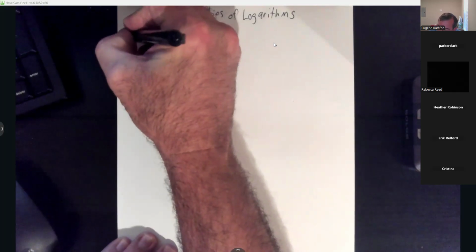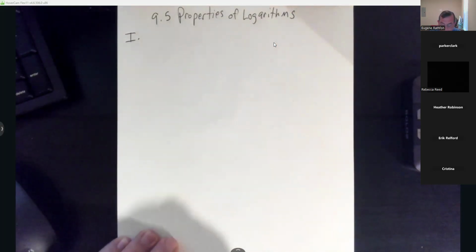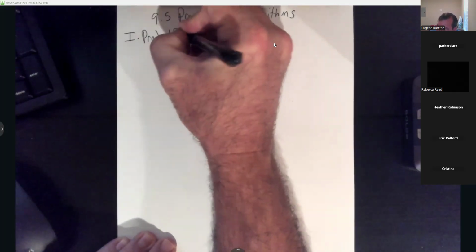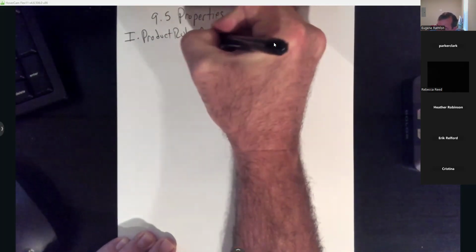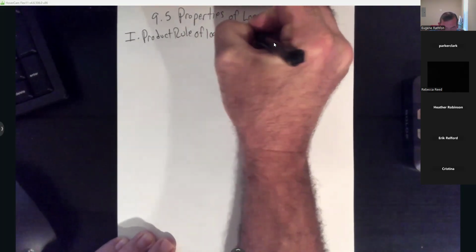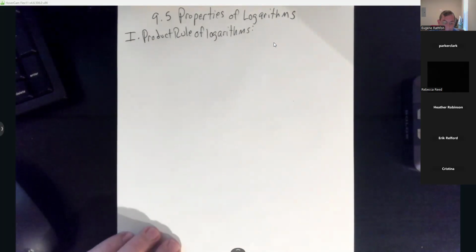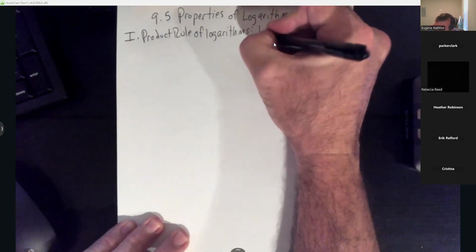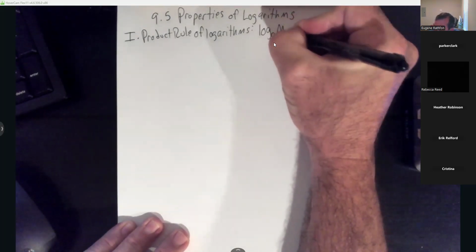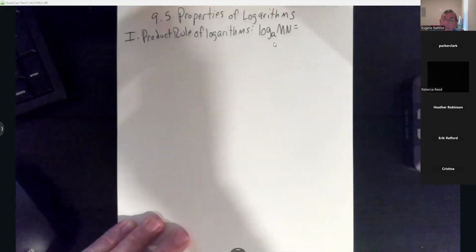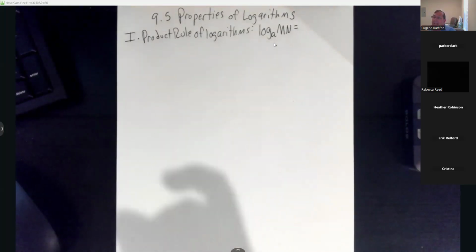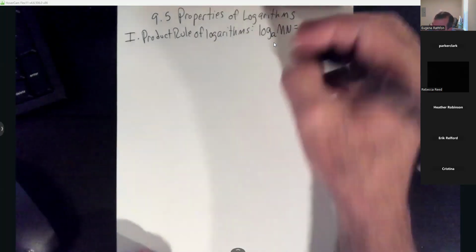So, first property is called the product rule of logarithms. Okay, so this tells me if I got a log of a product, so log base a of m times n, I can rewrite this product as a sum of the logarithms.